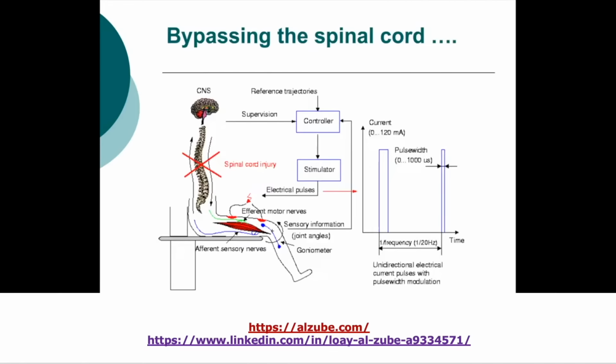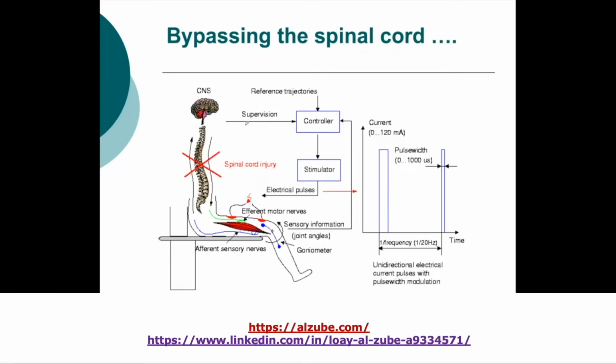Now, I wanted to get deeper into how we can bypass the spinal cord and what kind of components we need to use in our system in order to effectively improve locomotion by bypassing the spinal cord. Usually, if we have a spinal cord injury, we are losing the pathway of the signal from the central nervous system to our lower and upper extremities. And that's where the spinal cord injury is.